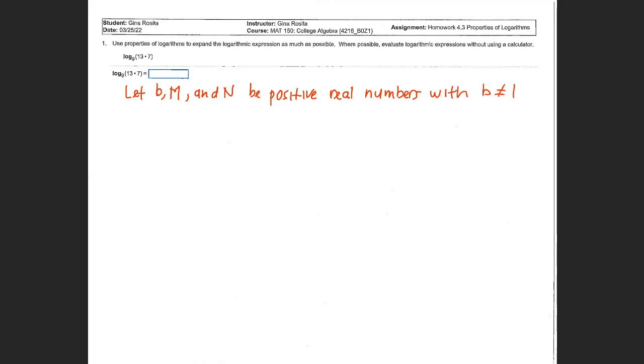Okay, so we can write down: logarithm of m times n with base b equals logarithm of m with base b plus logarithm of n with base b. Okay, so we use this one.